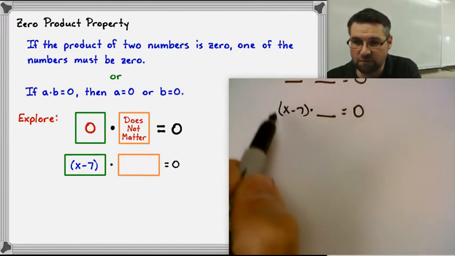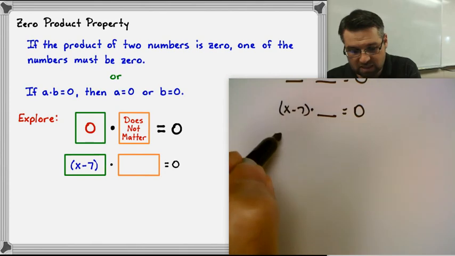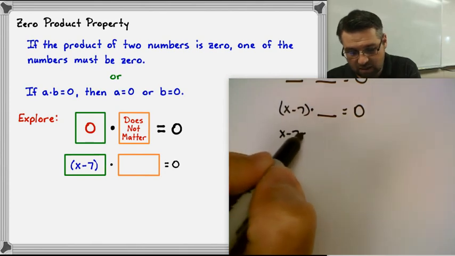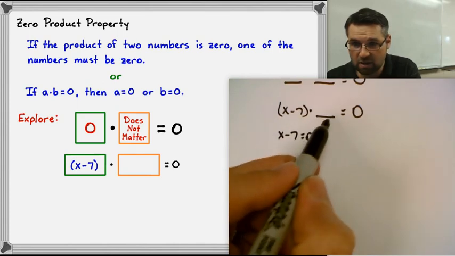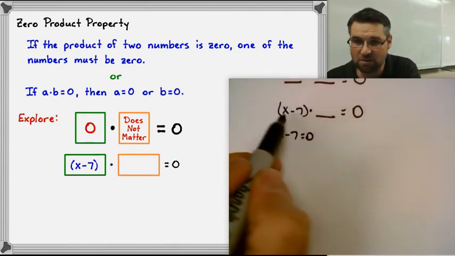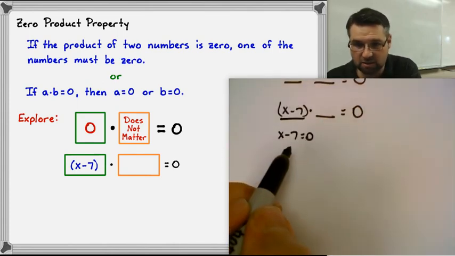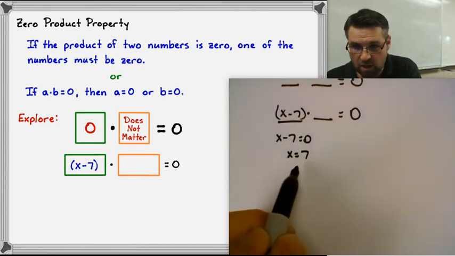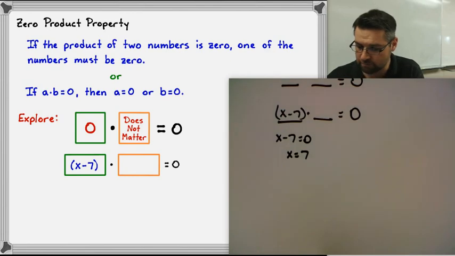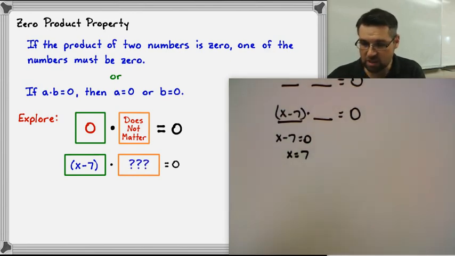That would mean the first number is. So we would say that this x minus 7 must equal 0, right? If this line is not 0, then this line has to be 0. So that means x would equal 7, and we solve that equation. That would be one solution. It doesn't matter what the other one is.